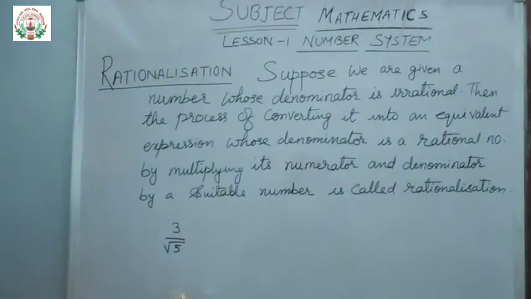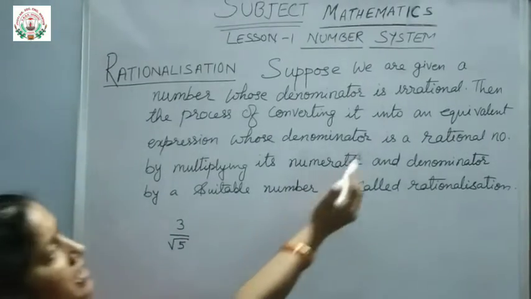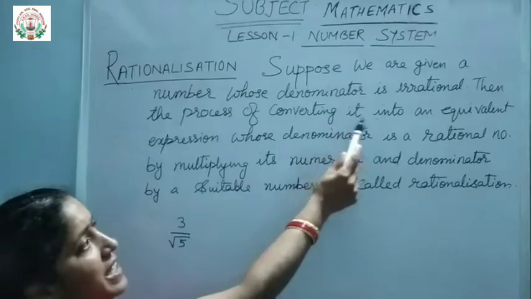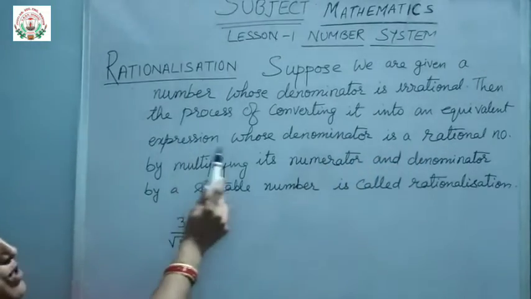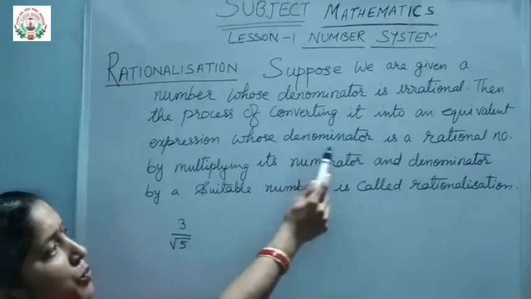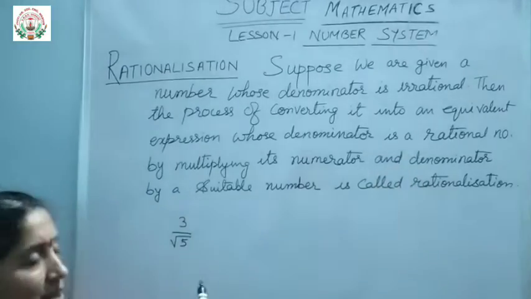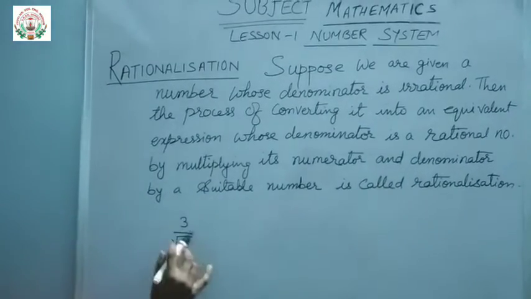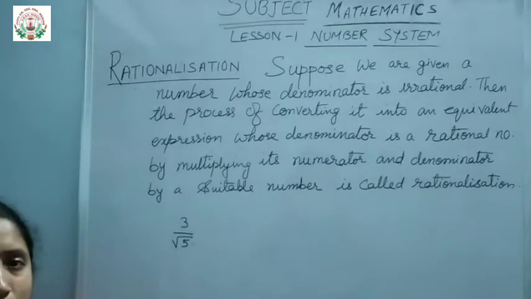Root 5 is an irrational number. We know that. Then the process of converting it into an equivalent expression whose denominator is a rational number. That means this irrational number we have to change into a rational number.